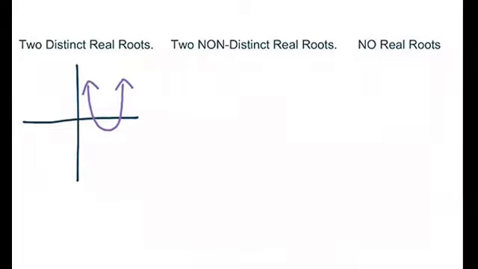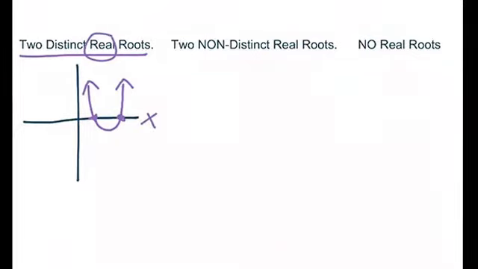It is crossing the x-axis 2 times. This terminology is something that you will probably see on like the ACT, so we're getting you used to the terminology. Distinct just means specific. Okay, so there are 2 specific roots. Real meaning they're actually on the x-axis, so they're real numbers.